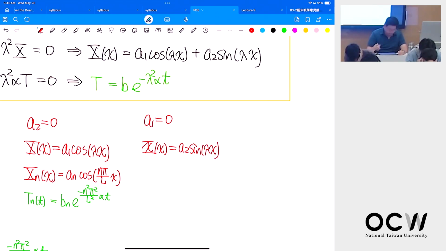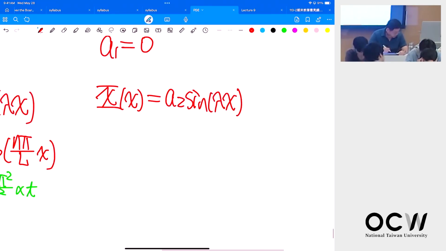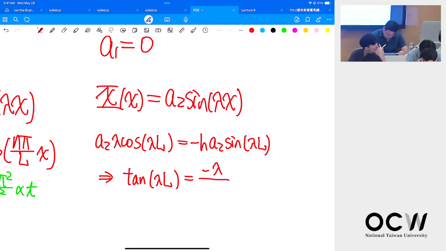But from the other boundary condition, you get A2 lambda cosine lambda L equal to minus h A2 sine lambda L. So you get tangent lambda L equals minus lambda over h.